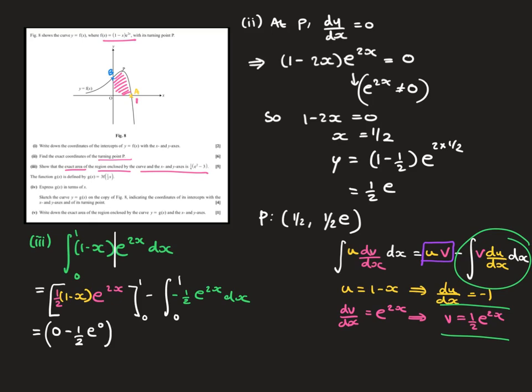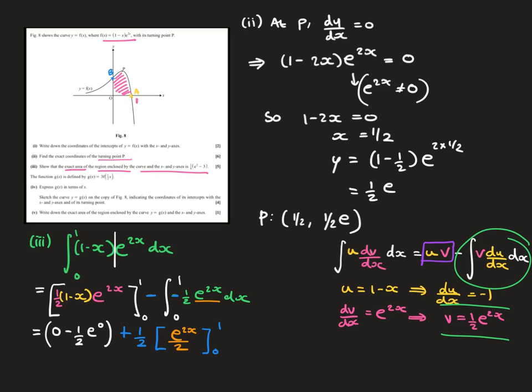Now, for our integral, for the second part here, we've got minus minus and a half, so that becomes a half. And then when we integrate, we're integrating e to the 2x, which is e to the 2x over 2. And then we just need to finish off by substituting in our limits.